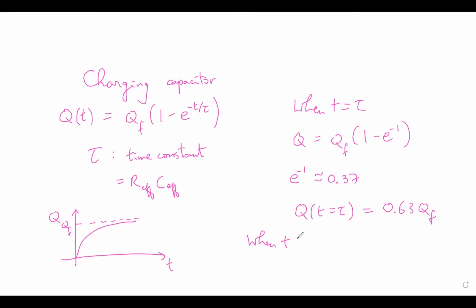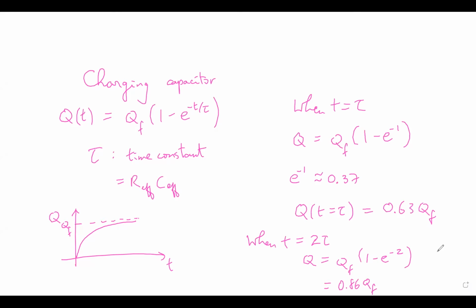When t is equal to 2 tau, then you get Q is Q final times 1 minus e to the minus 2. And your value then is about 86% of Q final. And so on and so forth.